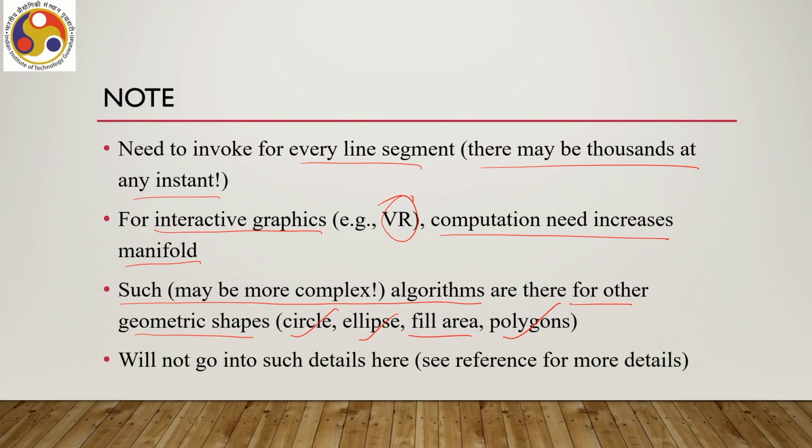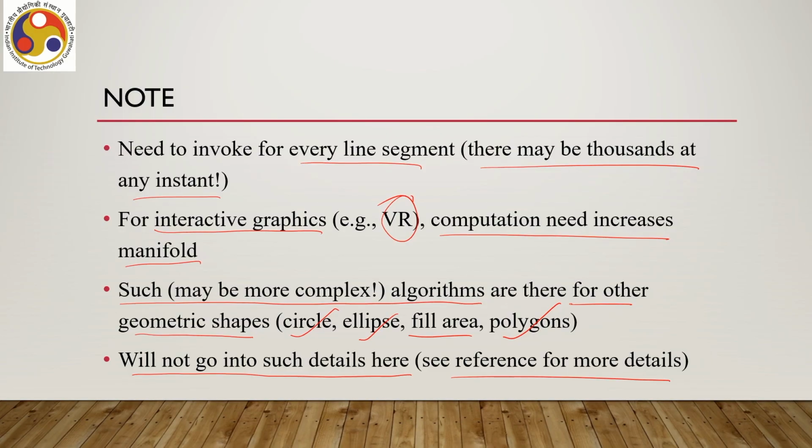We will skip those, we will not go into the details of those algorithms, and you may refer to the reference mentioned at the end for more details. The basic idea is that we need some algorithm to efficiently render it on the screen, that means efficiently map the original shape to the set of pixels that will represent it on the screen.